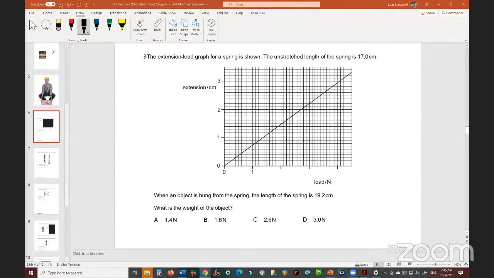Nobody has any idea about this question?